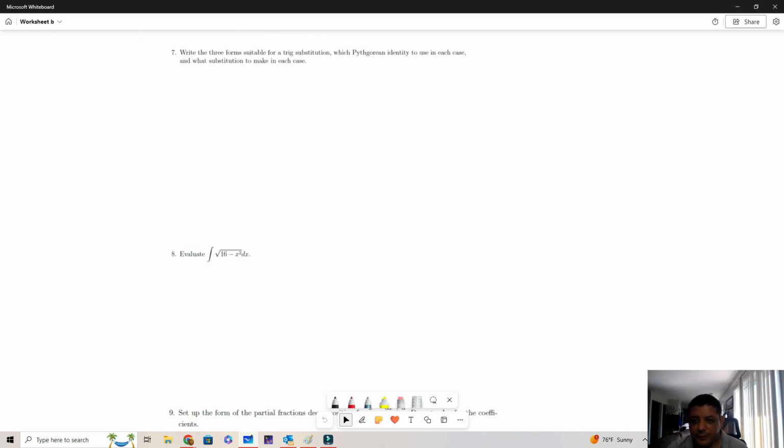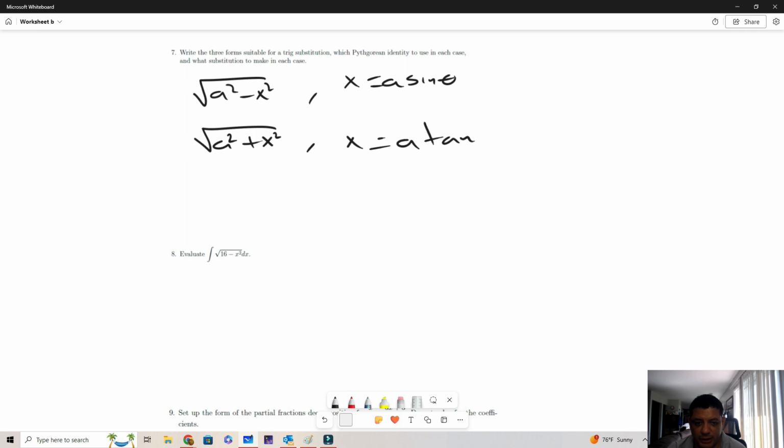Okay, so now for trigonometric substitution, we want to be using certain forms to know what trig substitution we want to use. If we have something of the shape a squared minus x squared, then we have the substitution x equals a sine of theta. If we have a squared plus x squared, then we have the substitution x equals a tangent of theta.